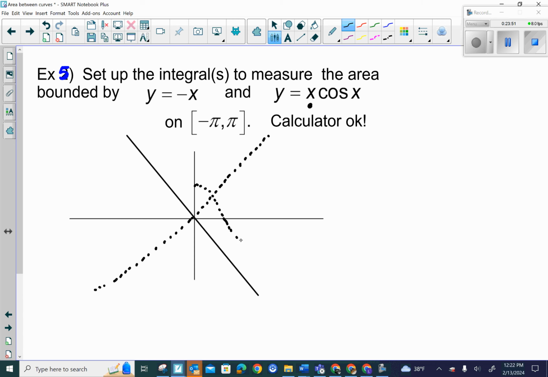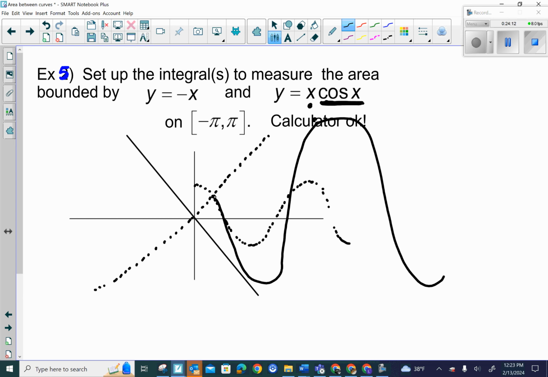So gradually my amplitude of the cosine curve increases as x increases, so I have this stretched out cosine curve. Kind of gets bigger and bigger and bigger.